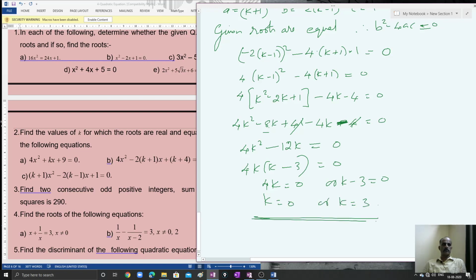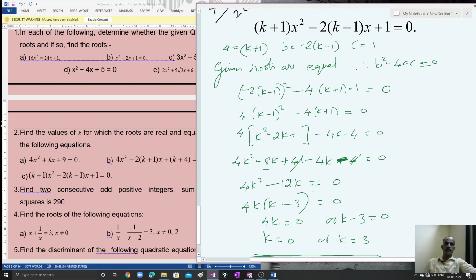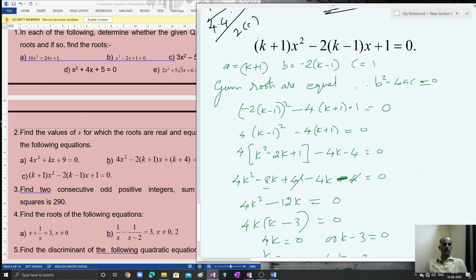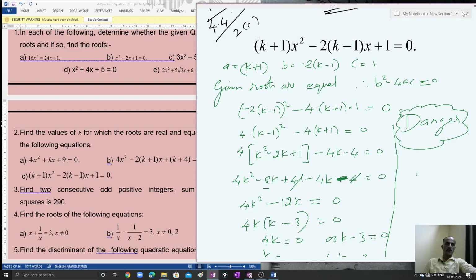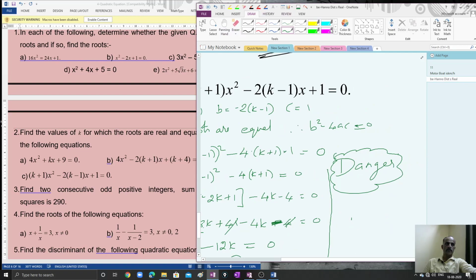There are two values that can be taken for k, but we have to be very careful in such things. Whenever k is equal to 0, be careful. There is a danger, big danger. Suppose the equation given to us is like this, I will write the danger part using red color, because it's really dangerous.